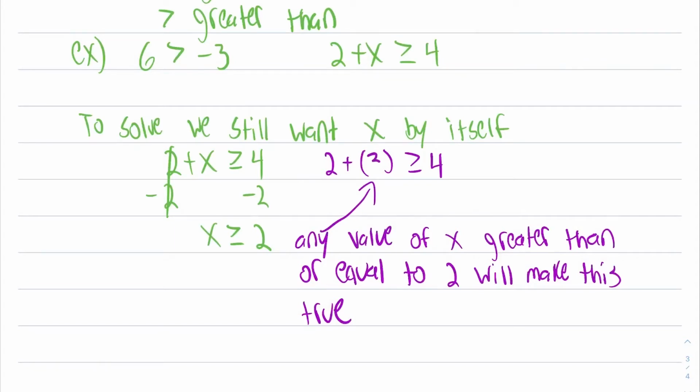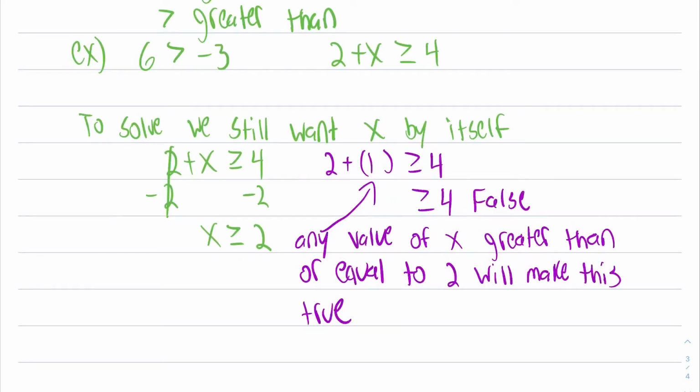So if I put 3, it works. If I put 10, it works. If I put 1, 2 plus 1 makes 3. 3 is not greater than or equal to 4, so this would be false. So we can't put 1 because that would give us a false statement.